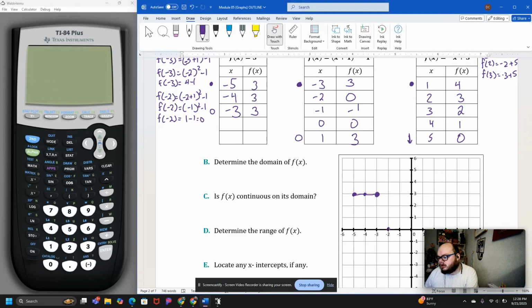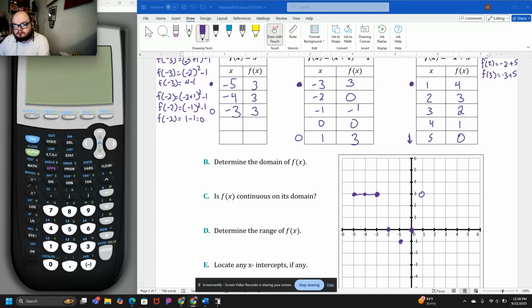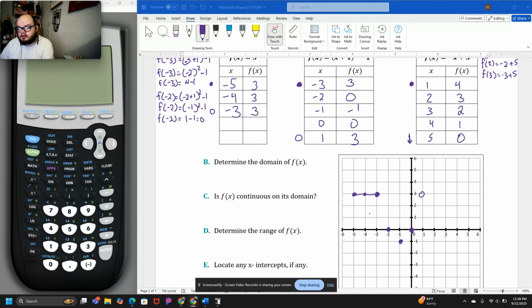So then I've got -2 and 0. I've got -1 and -1. Then I go to 0 and 0. And then I go up to 1 and 3, but 1 and 3 is an open circle as of now. Let me see if I can, hold on, my mouse went to sleep. There we go, put up the graph.